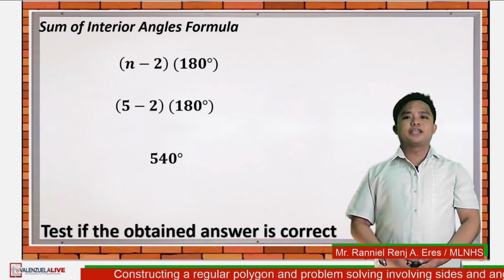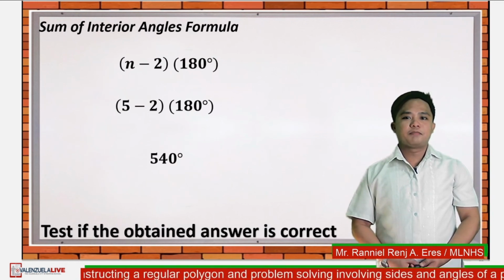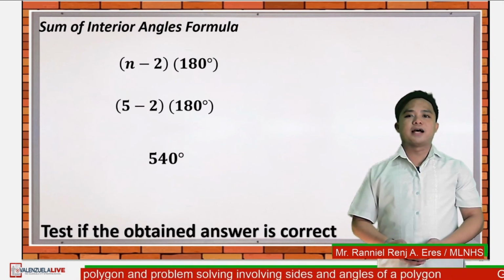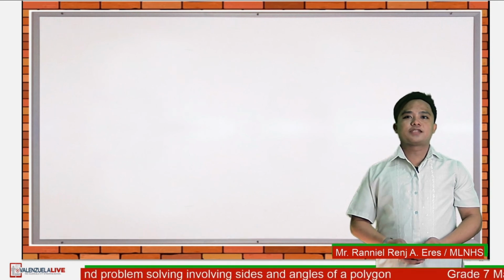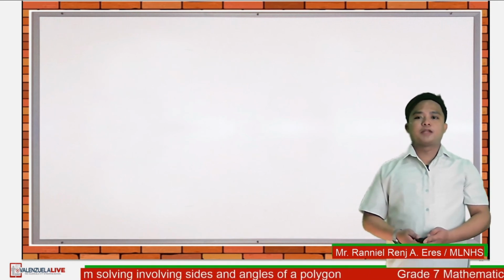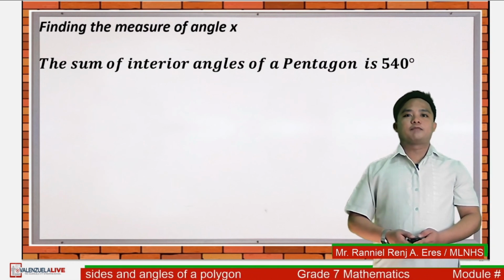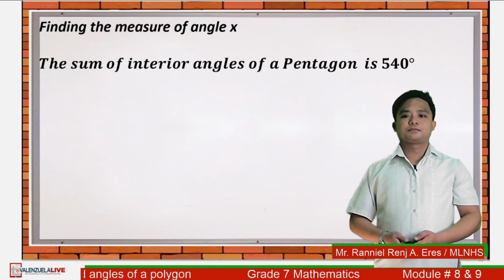So the correct answer is 540 degrees. But we are not yet done because we are looking for the value of the missing angle. So let us use 540 degrees as the sum of the interior angles of the pentagonal line.